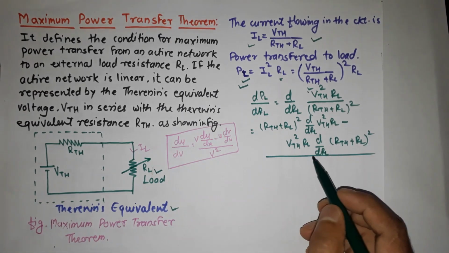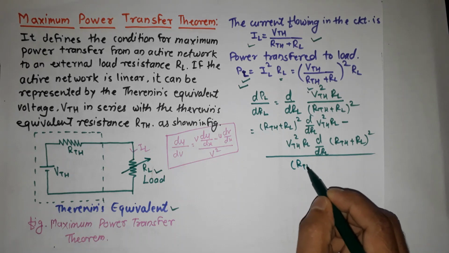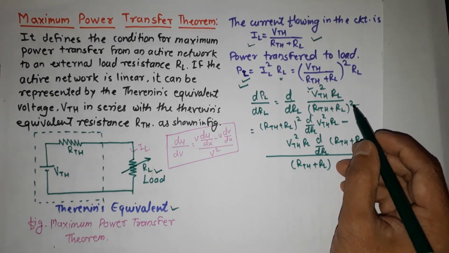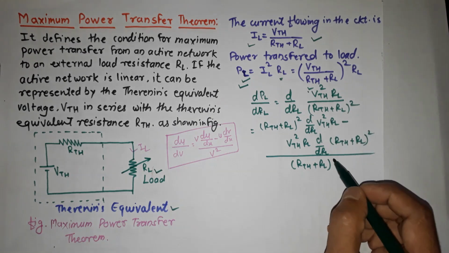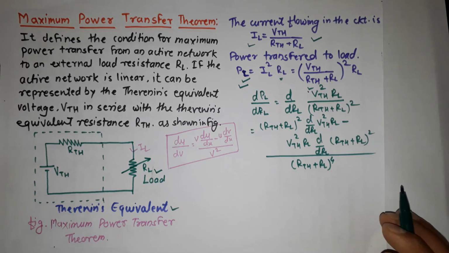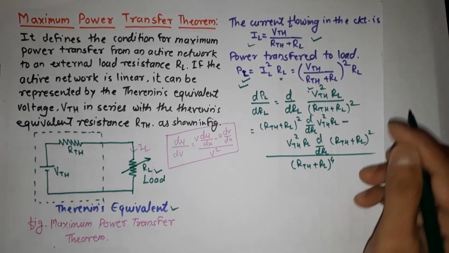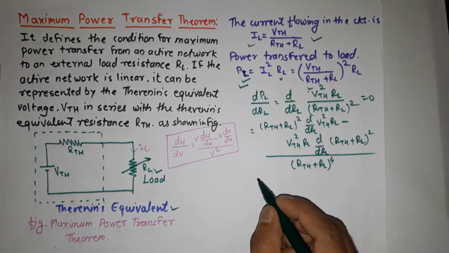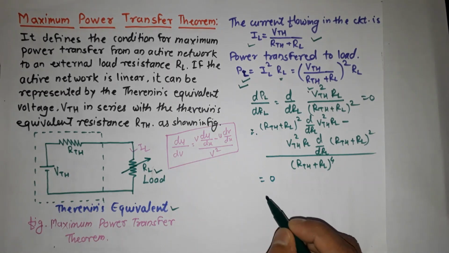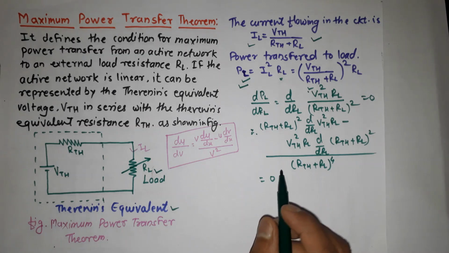V is the denominator, so simply it is RTH plus RL whole square squared, which will be the power 4. Now by simplifying it, one more thing, we have to consider the differentiation and equate it to 0. So we are equating this differentiation to 0, and now we solve it.